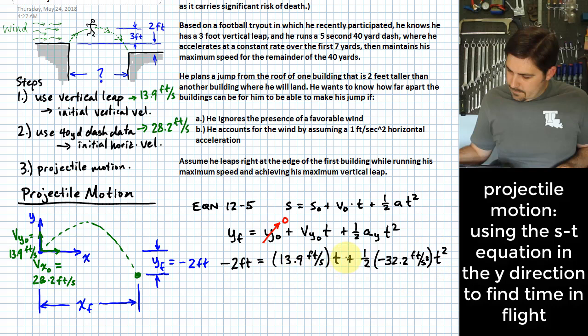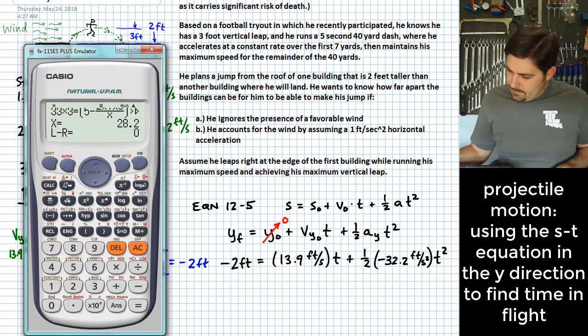Your calculator has a quadratic solver, but it also has just this normal solver for a single variable. So I'm going to just use that. We have minus 2 is equal to 13.9 times, okay, we'll use the variable x, plus half is just 0.5 times minus 32.2 times x squared.